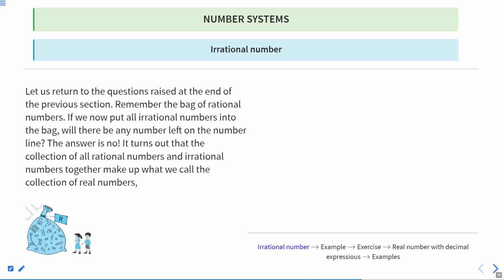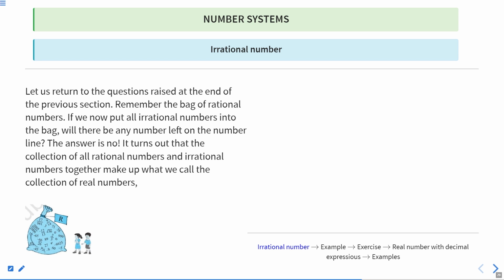So let us return to the questions raised at the end of the previous section. Remember the bag of rational numbers. If we now put one irrational number into the bag, will there be any number left on the number line?